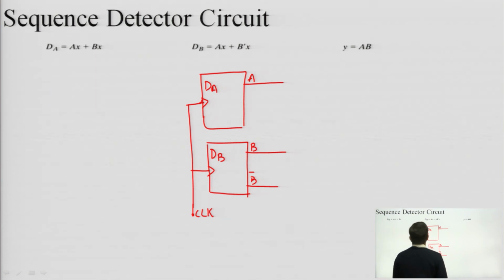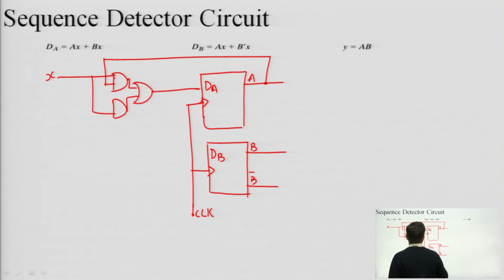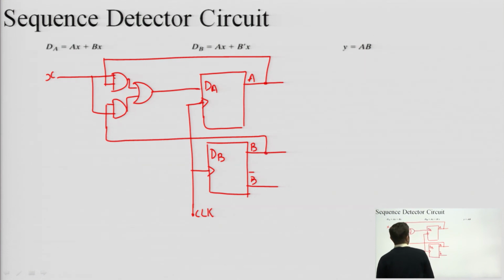For AX plus BX, this X is common, and this is your A and this is your B.